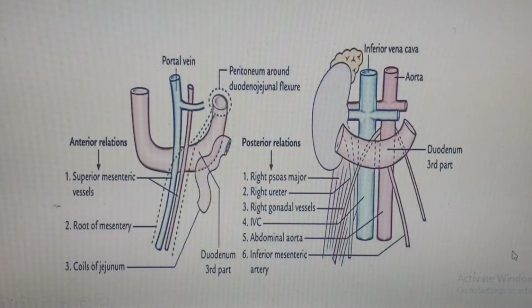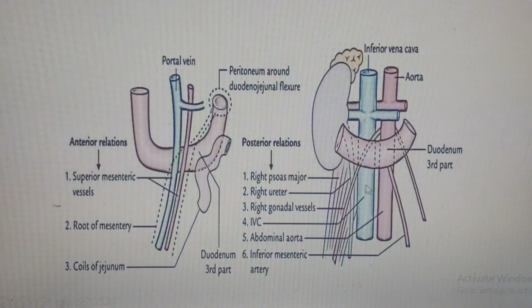If you look at the posterior relations of the third part of the duodenum, it is more towards the right side. Therefore, the relations will be more towards the right, and you include the psoas major muscle to the right, the right ureter, and the right gonadal vessels.